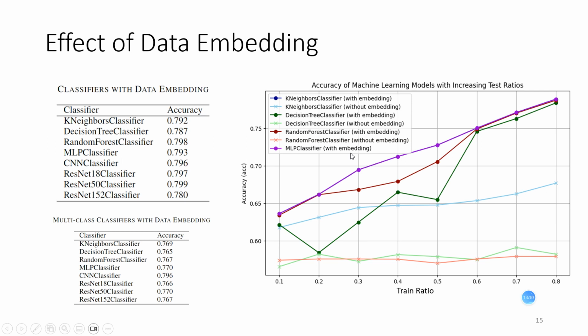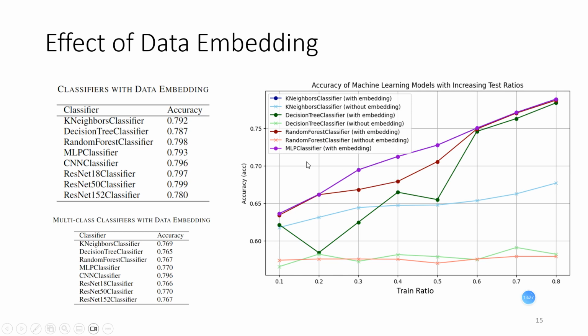For the decision tree, KNN, and random forest with data embedding, we can see that the accuracy keeps going up as the training ratio increases.